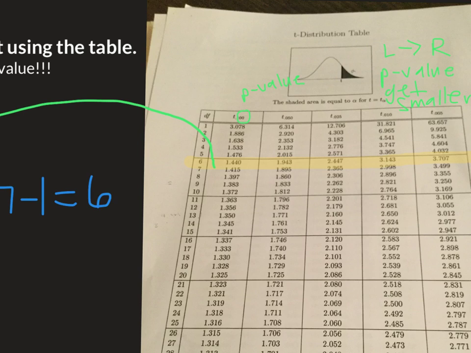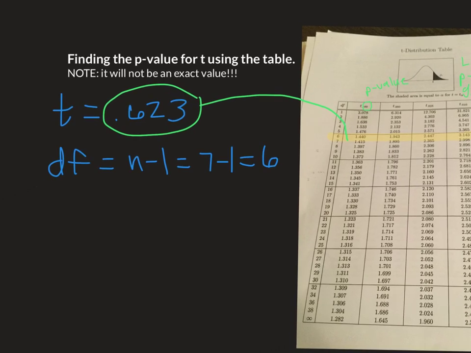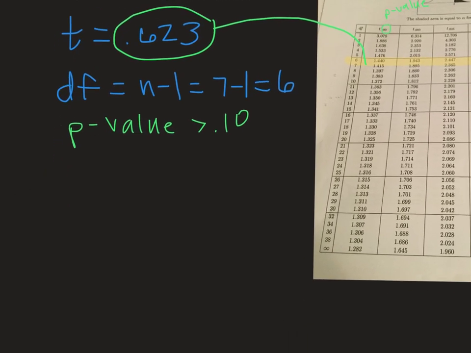So that means going from right to left, p-values are getting larger. So that means that the p-value for t equal to 0.623 is going to be greater than 0.10. All right, let's draw a picture.